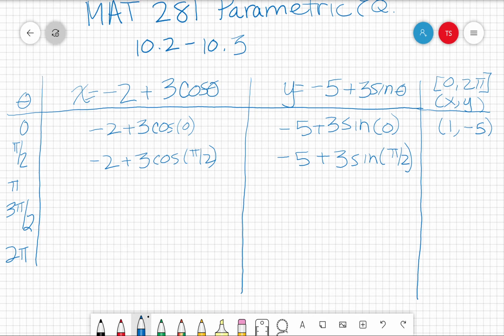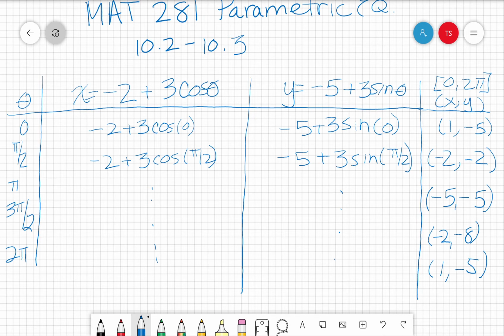And so this will give me the point -2, -2. So I'm going to just follow down, filling in these points, and the points I'll be left with at pi, it will be -5, -5. At 3 pi over 2, it's -2, -8. And at 2 pi, it's 1, -5.